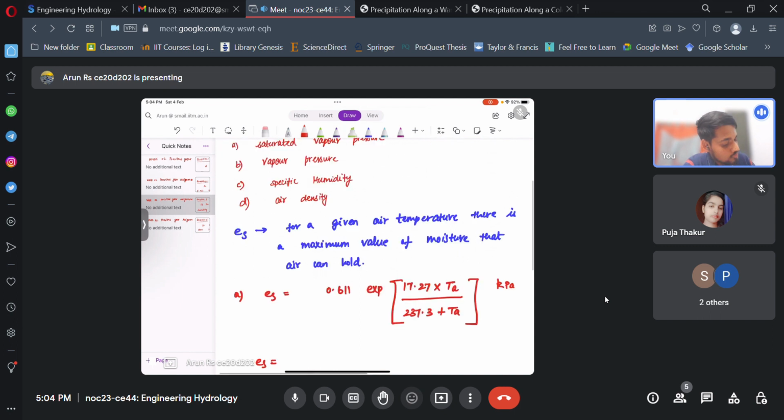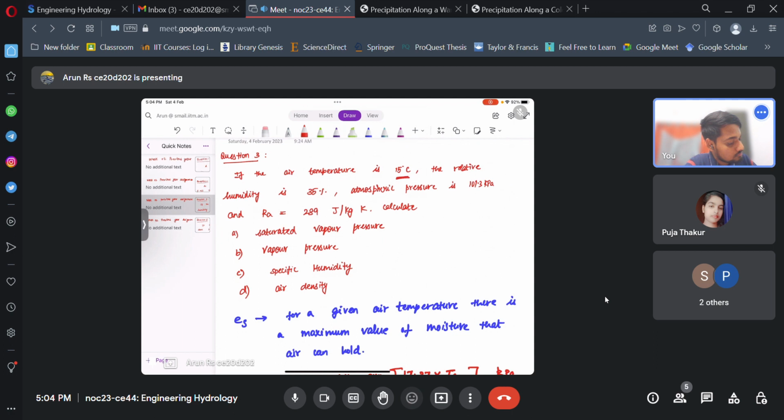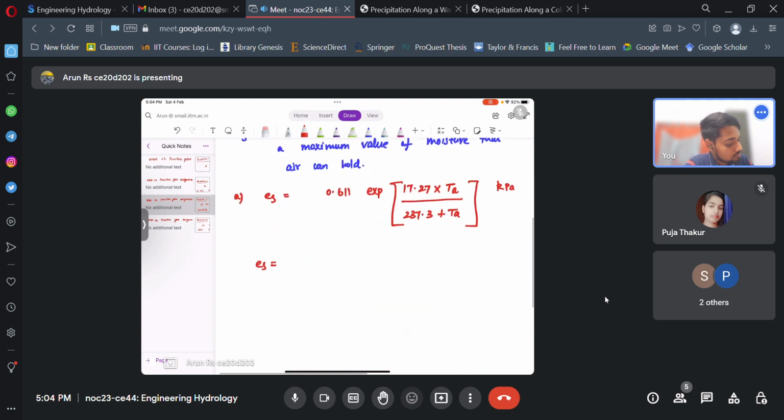Here air temperature is given as 15 degrees centigrade, and temperature of air is in degree centigrade only.